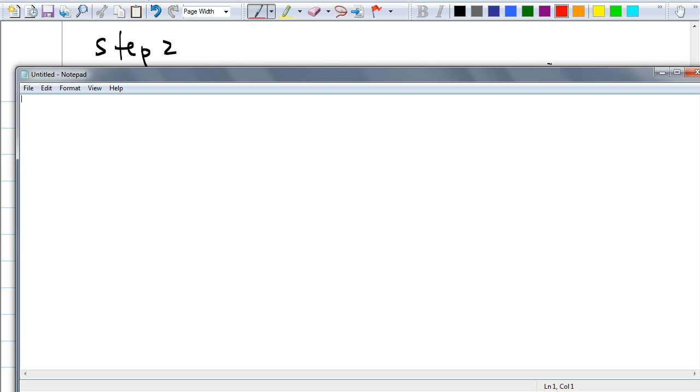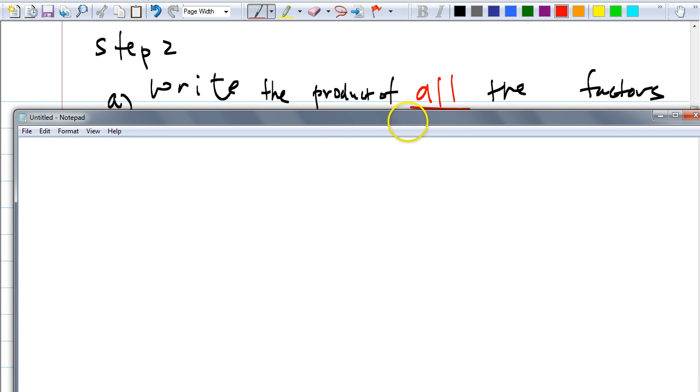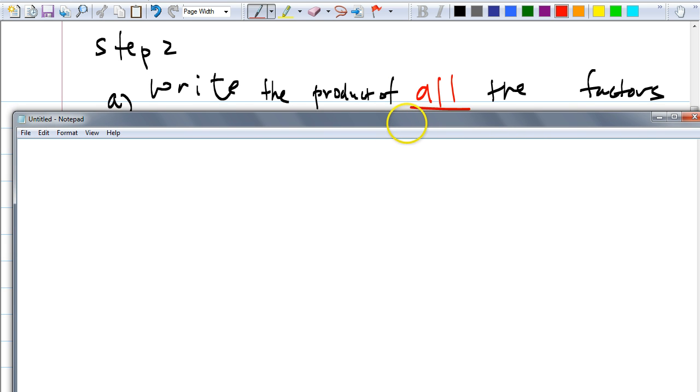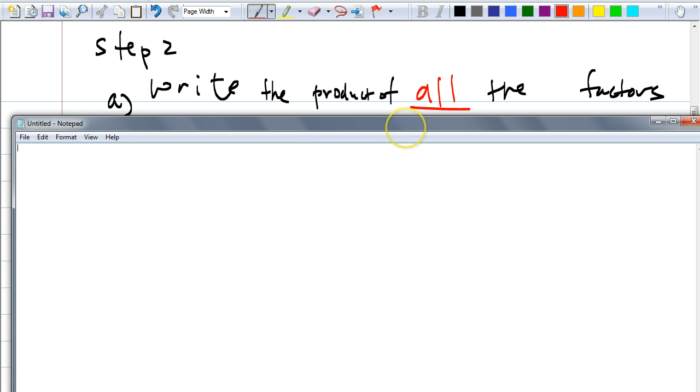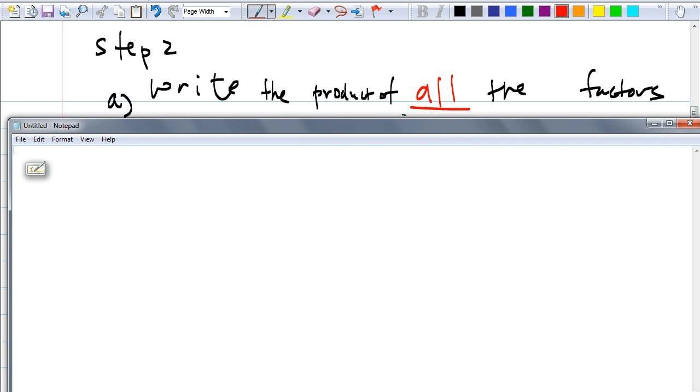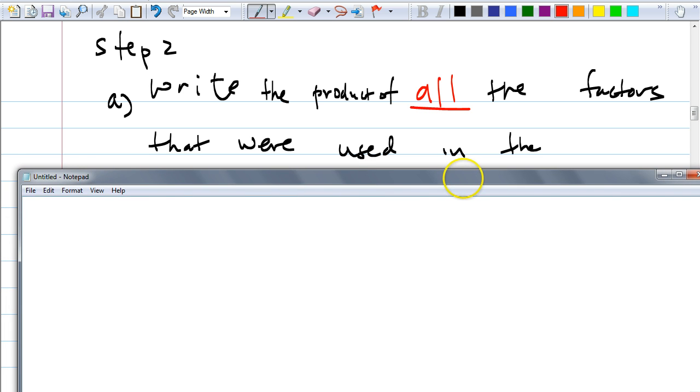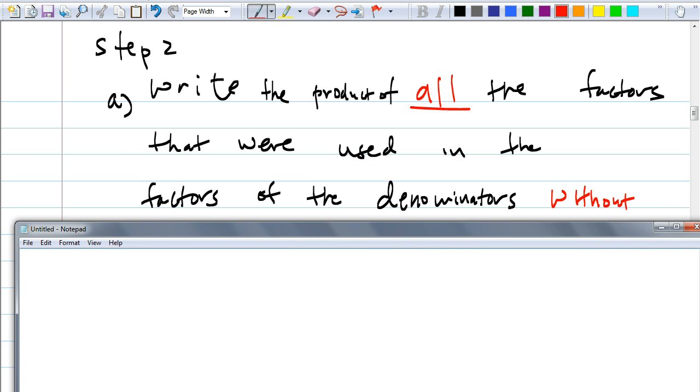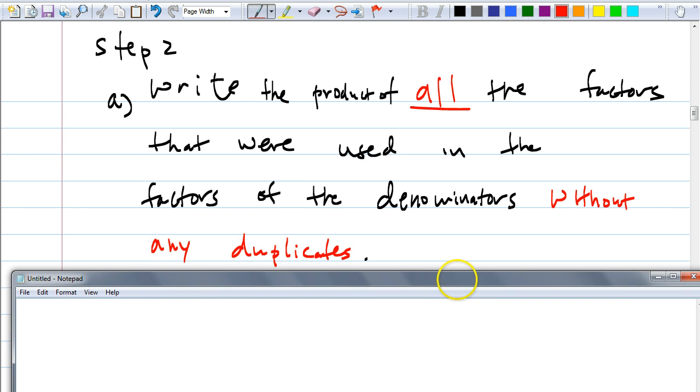So we had 2 steps, right? Step 2 had first, you wrote down the common factors, remember? Well, we're not going to do that for LCD. What we're going to do is we're going to write this down. Write the product of all the factors. Instead of writing only the common ones, we need to write down all factors that were used in the factors of the denominators without any duplicates.